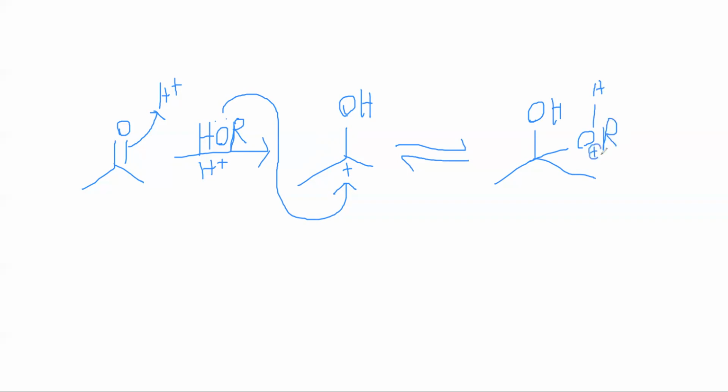So now the alcohol that attached has a positive charge, and the proton has to go somewhere. The alcohol next to it can take that proton to get rid of the positive charge on the ether. That's going to form water where the alcohol was, and water is a pretty good leaving group.